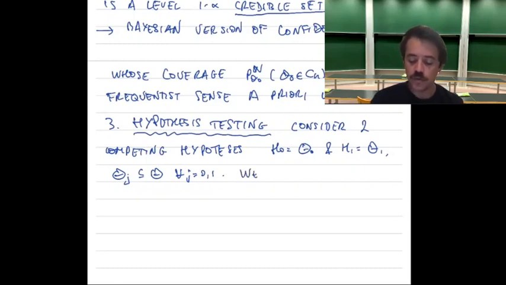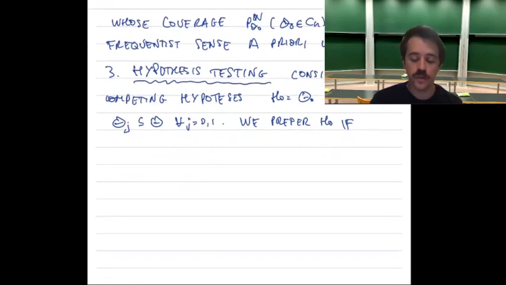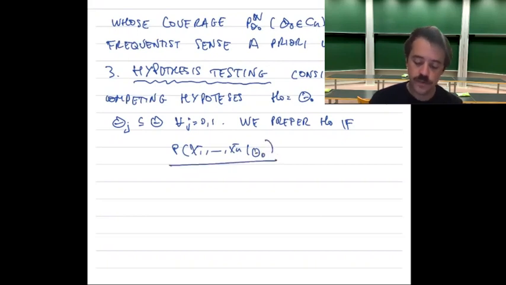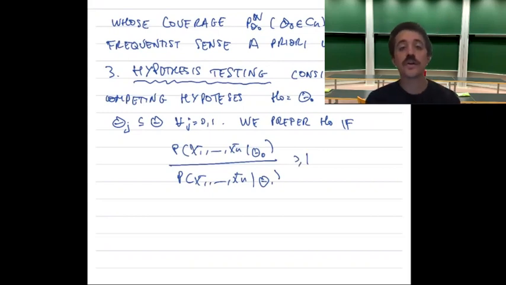And so, just to remind you, we choose H0 or capital theta naught if we have that the following ratio is larger than or equal to 1, which is, I remind you, just the usual ratio. So if this is greater than or equal to 1.